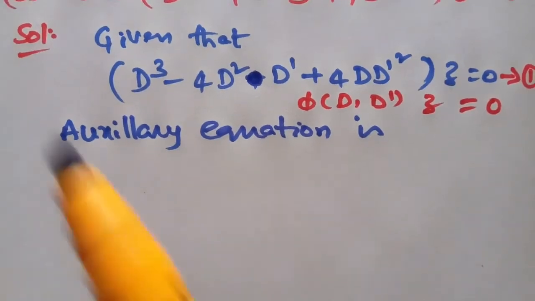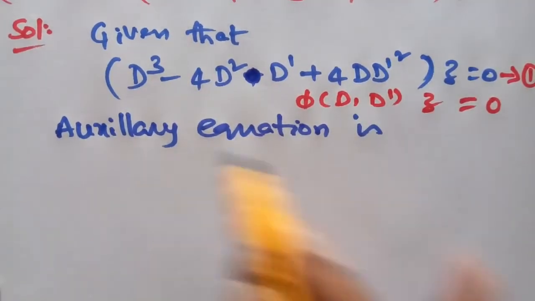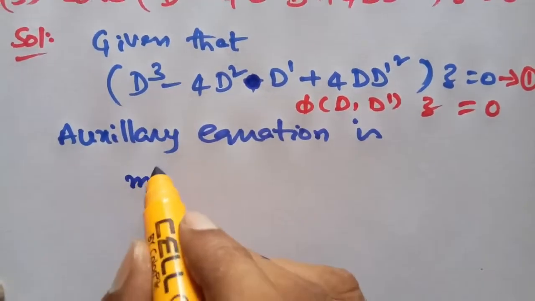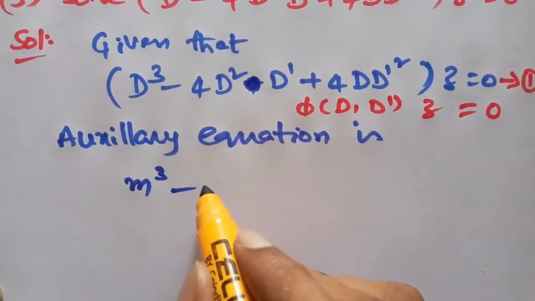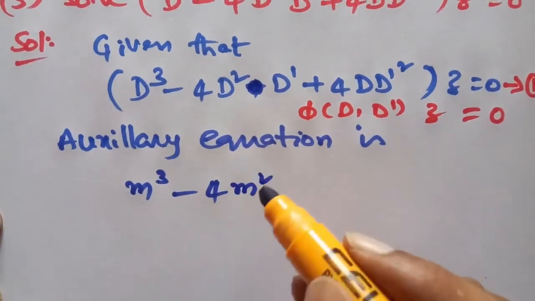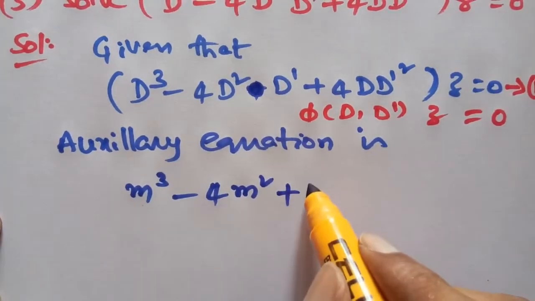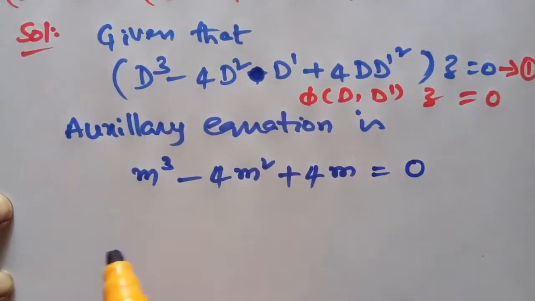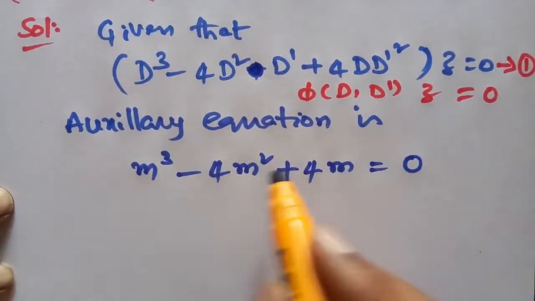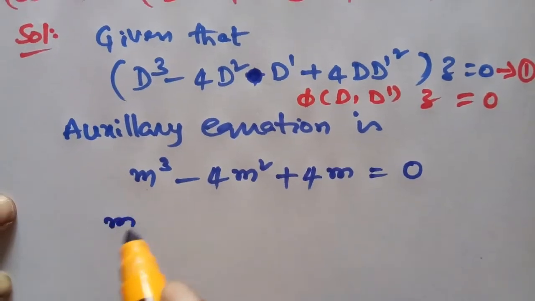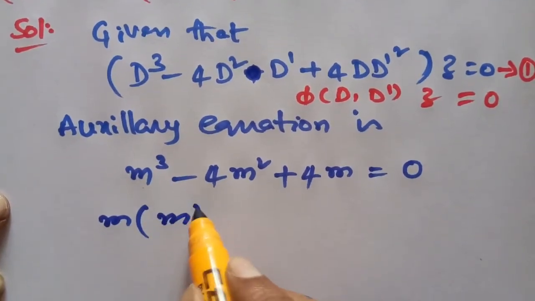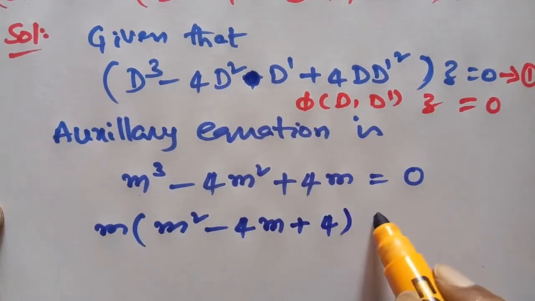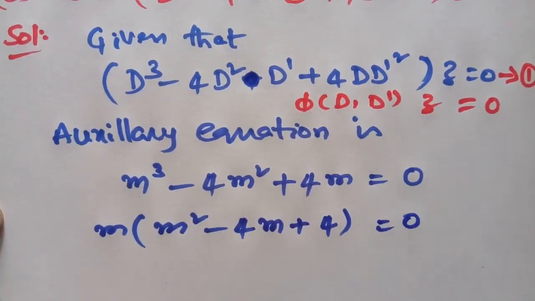Therefore, auxiliary equation is m cube minus 4 into m square plus 4 into m into 1 equal to 0. Therefore, throughout m is a common factor. We are taking out m as a common factor. m square minus 4m plus 4 is equal to 0.